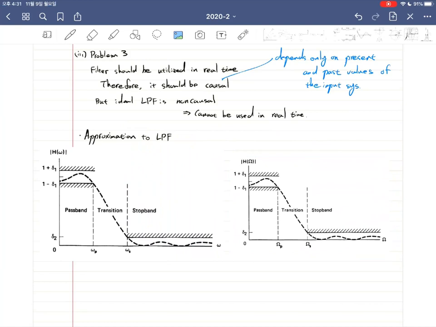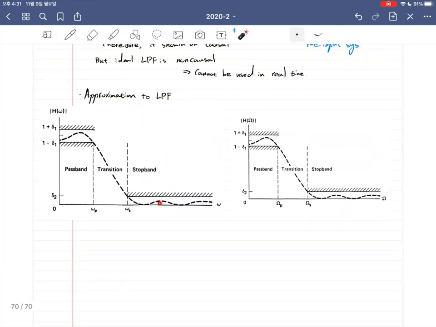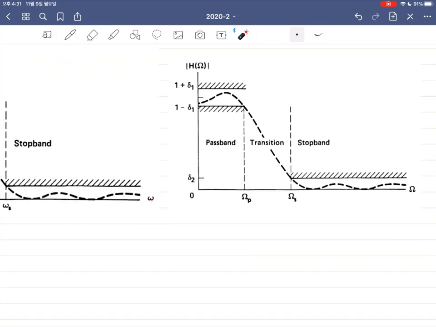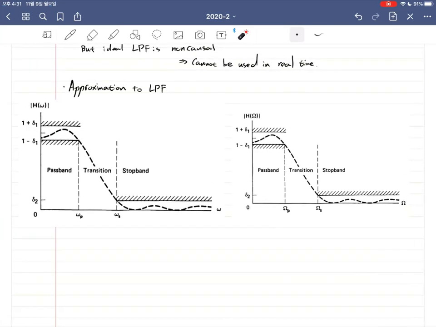Okay, so there's absolutely no difference between the continuous time and the discrete time other than small omega and large omega. So I'm just going to stick to this figure because they are exactly the same figure, which has the exact same meaning.